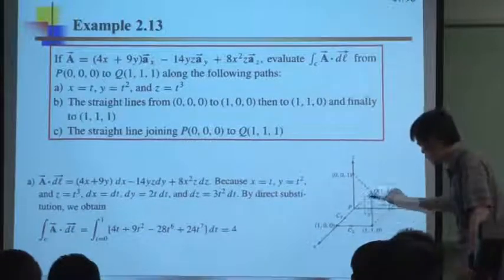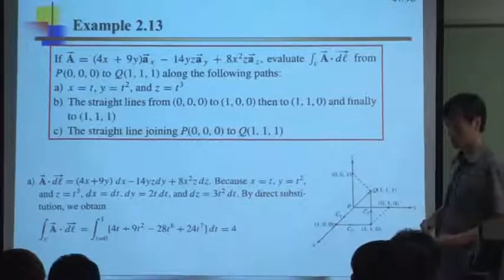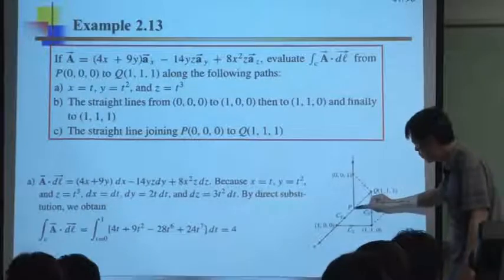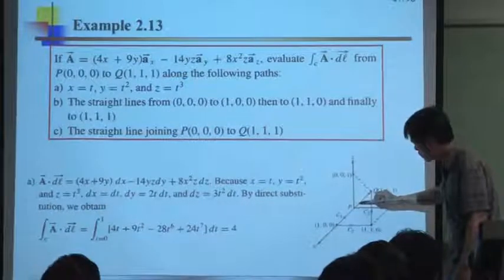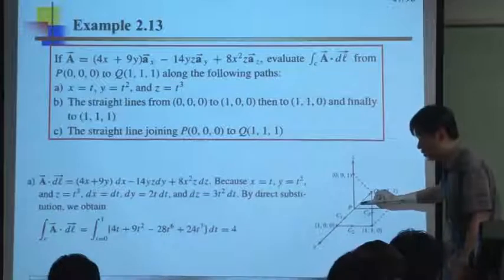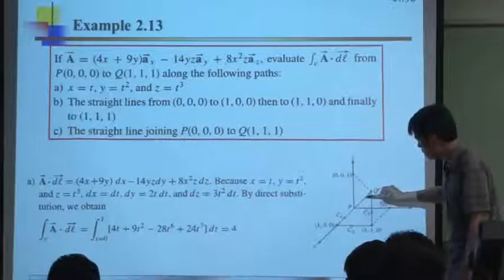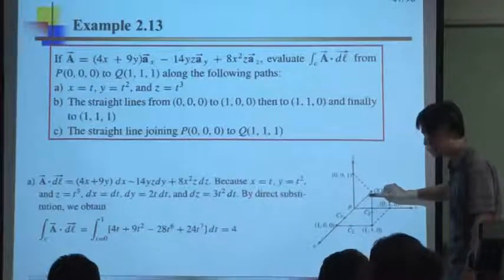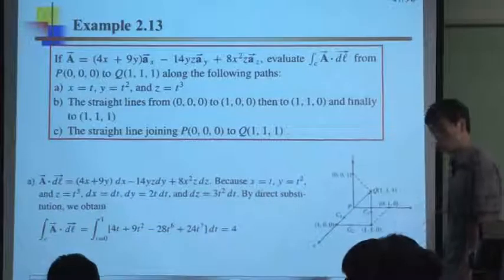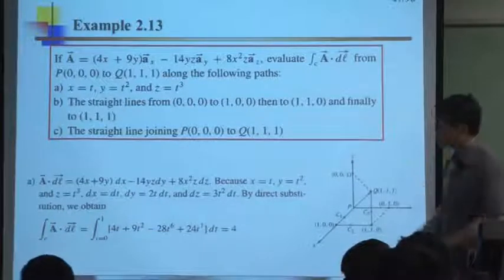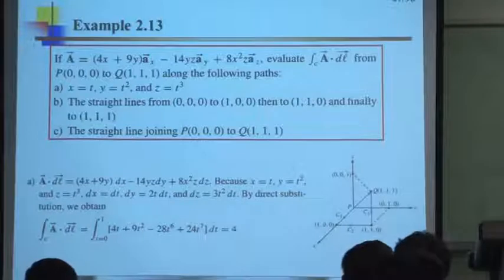On this path, this point is 0, 0, 0, and this point is 1/2, 1/2, 1/2. On this point, 3/4, 3/4, 3/4, and 1, 1, 1. That means x, y, z must be the same.